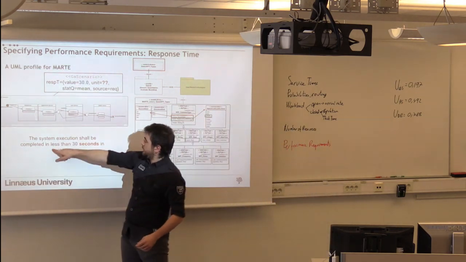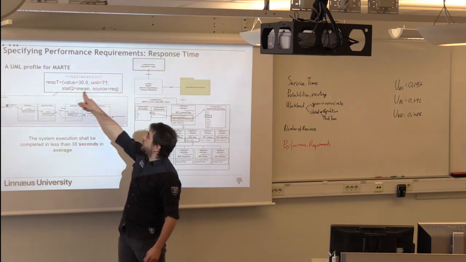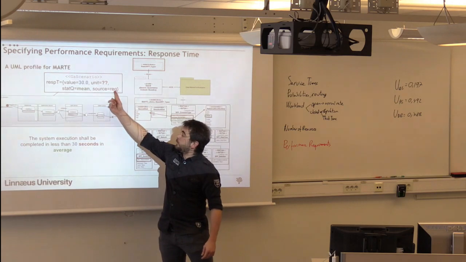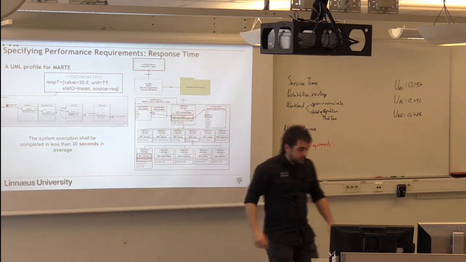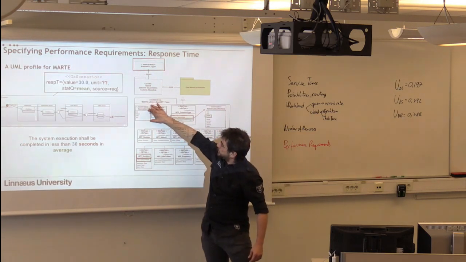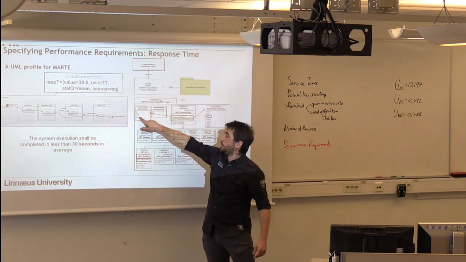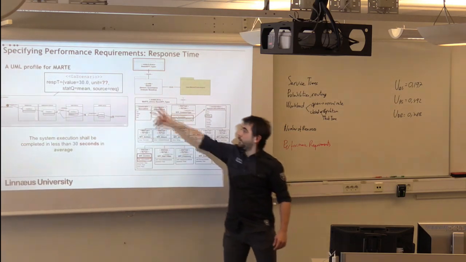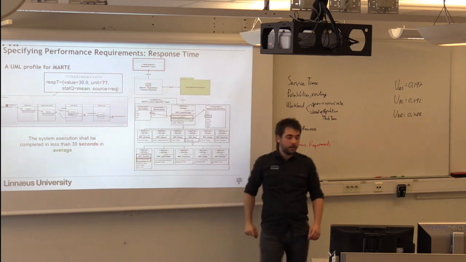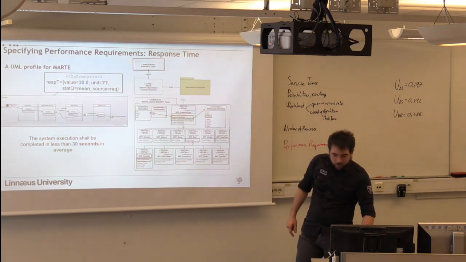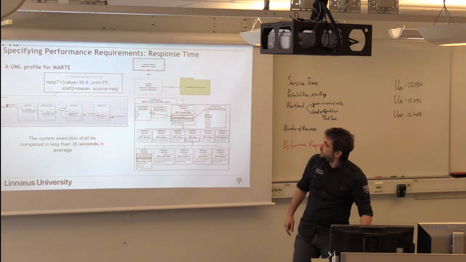So to say that it's in average, we can use the statistical qualifier mean. And source, like this is required. Source kind has these 4 types: required, calculated, measured, or estimated. And for the requirements, we can use the req. So we still have to define the unit.